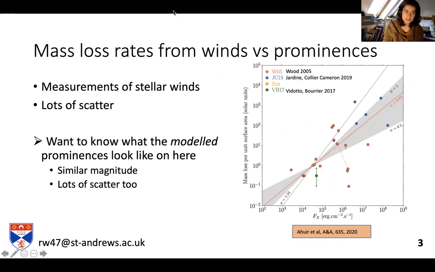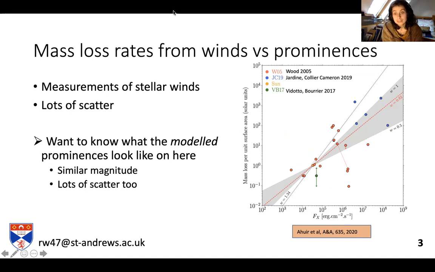This is the plot of the stellar rotation rate against X-ray flux of the star, essentially stellar activity levels. And the red, blue, and green points are various observations of stellar wind mass loss from different methods and different studies.